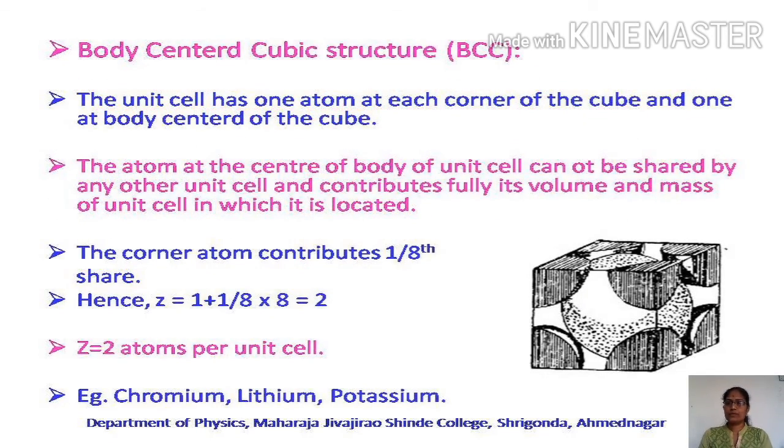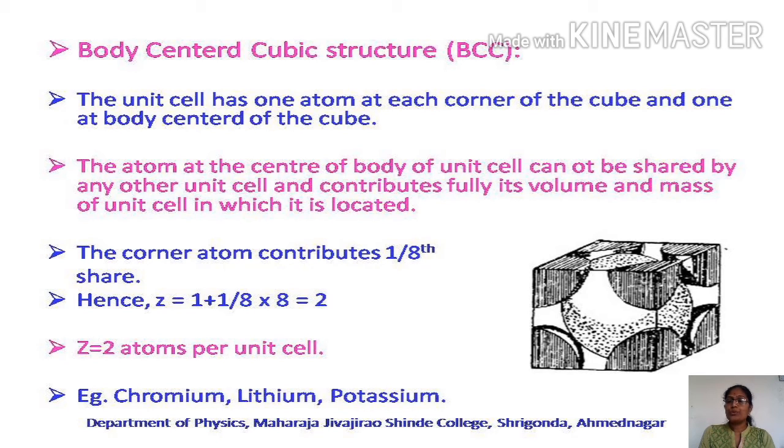Then body-centered cubic structure. Body-centered cubic structure is a structure which will have 8 corner atoms and one extra atom located at the center of the body. In a previous slide, we have seen that the contribution due to the 8 corner atoms comes out as 1/8 into 8 corner atoms, that is 1. In case of a body-centered unit cell, there is an extra atom which is not shared by any unit cell. Therefore, it is completely available.